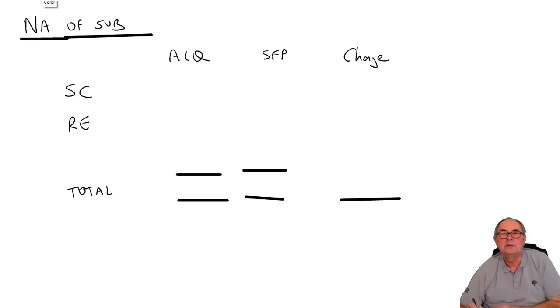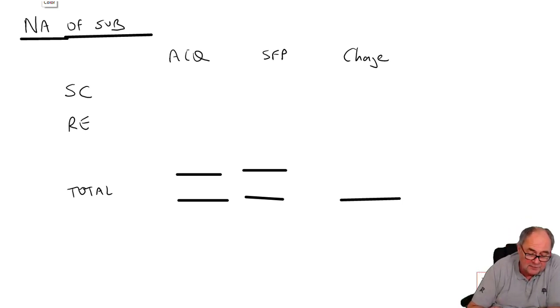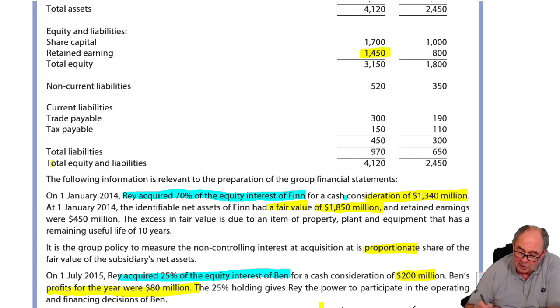And then you have to be like a detective trying to find these numbers. Remember, we're looking at the subsidiary, so don't look at the wrong company. So the share capital of the subsidiary, back on the question, was 1,000.